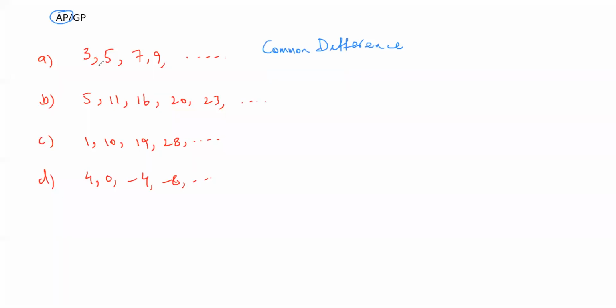In an AP, there is always a common difference between all the terms. Before I talk about the terms, I should tell you the first term of a sequence will always be denoted by A. The common difference will be represented by small d.